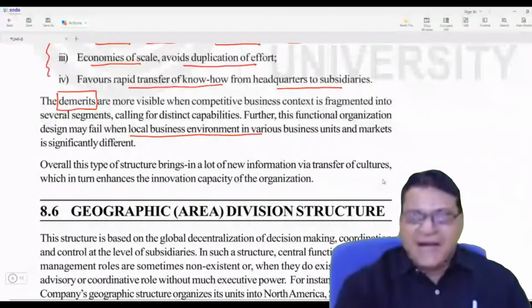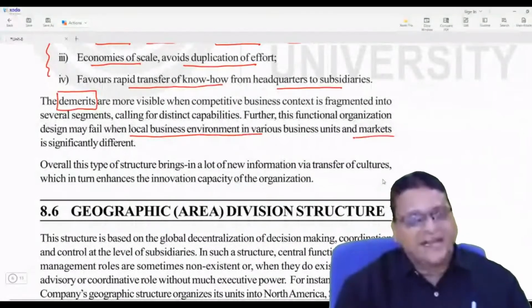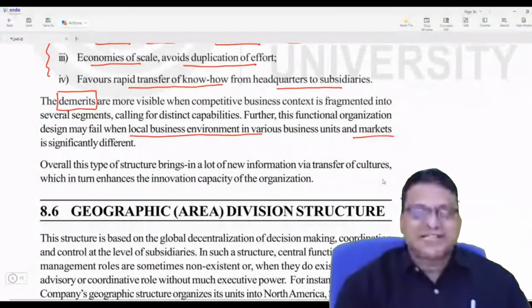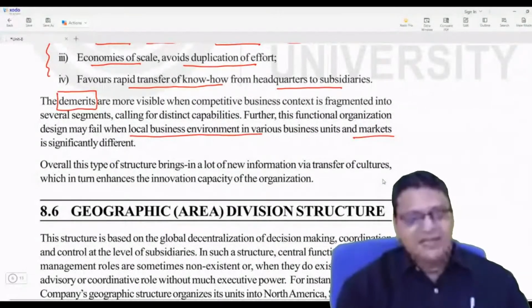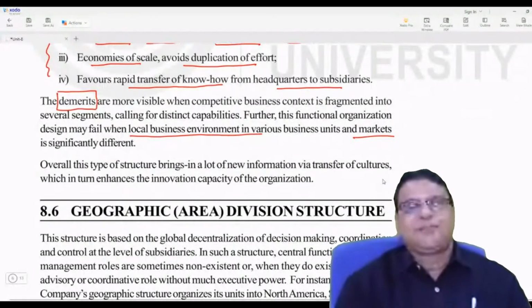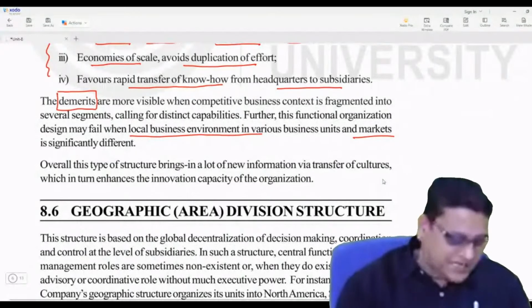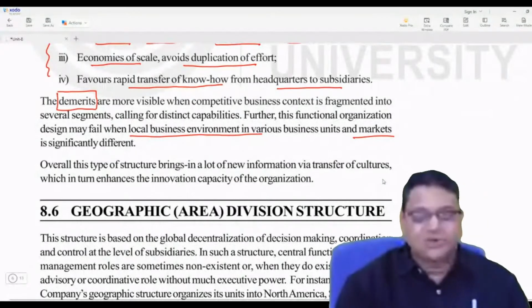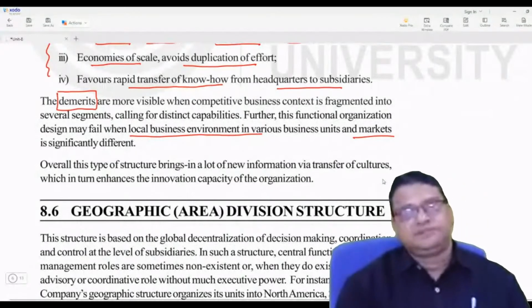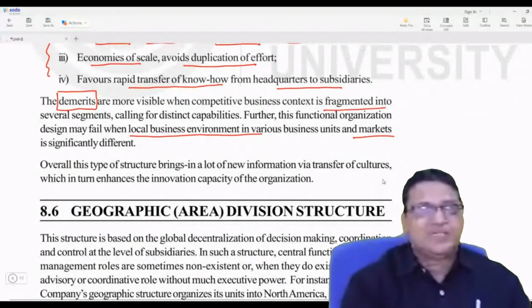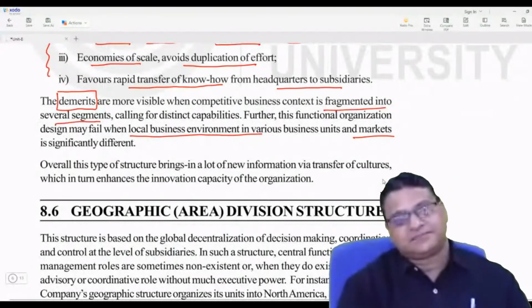And when the local market is dynamic, the local business environment is ever changing, local business requires autonomy. In that case, if you adopt this type of strategy, the business will not work. And in this case, the business will be fragmented into several segments.